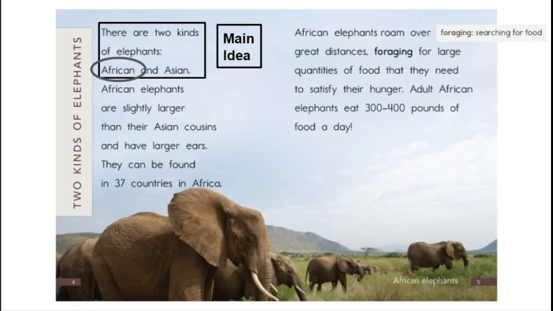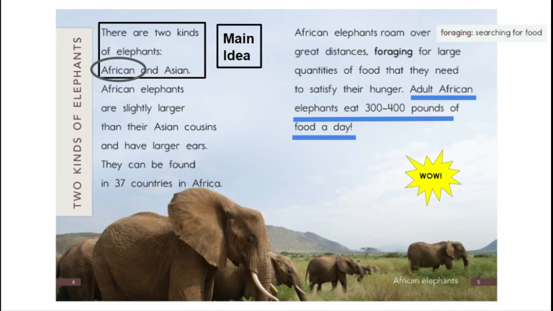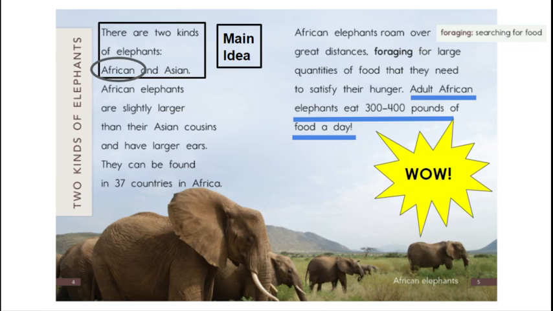And let's take a peek at the last sentence. Adult African elephants eat 300 to 400 pounds of food a day. Do you know what that sounds like to me? That sounds like a wow. Do you remember interesting versus important when we did that?